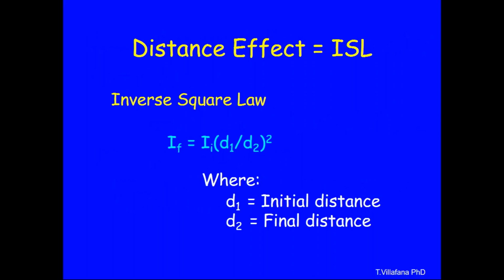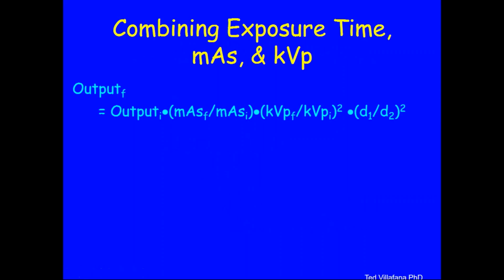I had mentioned that the distance effect is given by the inverse square law. Here is the expression of the inverse square law. What it's telling us is that the intensity at one position in space is equal to the initial intensity at some other position, related in terms of this ratio: the first distance divided by the second distance, to the second power. That's your inverse square law.